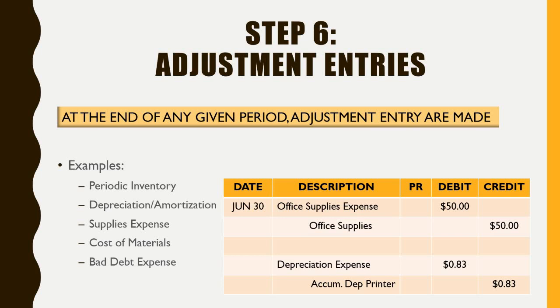So therefore, I was able to determine that I end up using $50 worth of office supplies. Okay? $50 worth of office supplies. So therefore, I need to adjust my office supplies, saying that I no longer have $50 worth of office supplies because I end up using them to print out, to send it to my customers, whatever reason I used them.